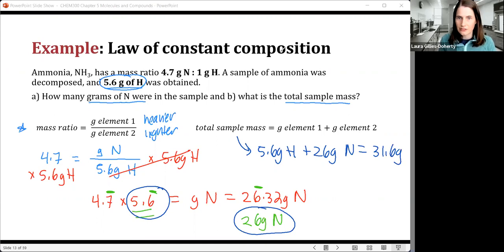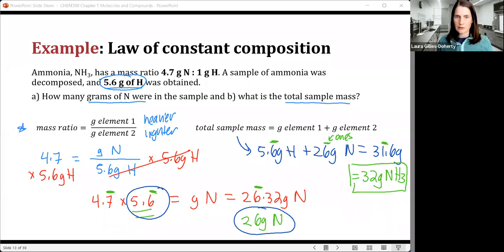And if we check our sig figs, 5.6 ends in the tenths place and 26 ends in the ones place, so we need to round this to the ones place. So we started with 32 grams of ammonia.